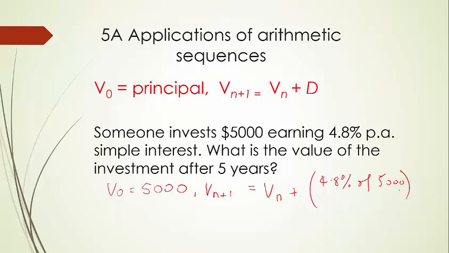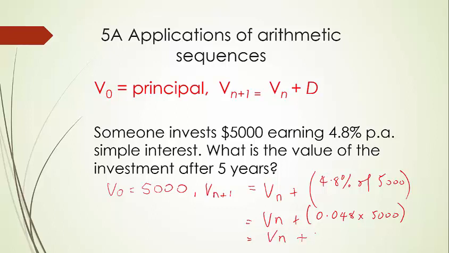That will be added each time. Now the way to do that on the calculator is 0.048 times 5,000, so turn it into a decimal by dividing by 100, which turns out to be on your calculator 240.